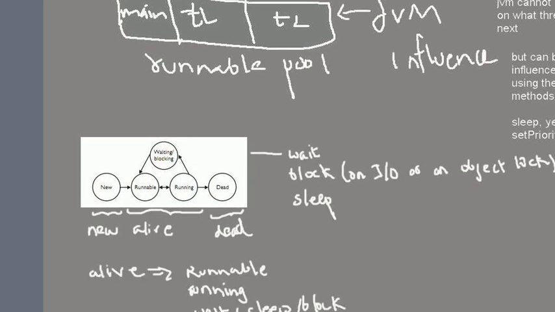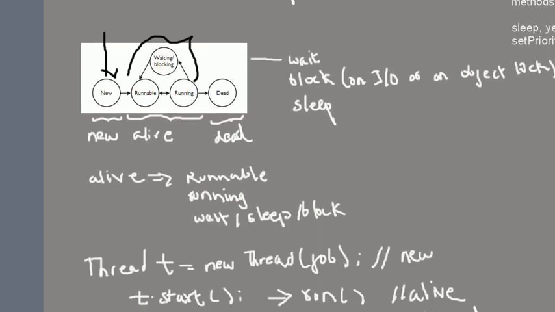So this is set to be the new state, this is set to be the live state, and this is set to be the dead state. A live state could be one in which the thread is in the runnable state, running state, or wait, sleep, or blocked state. It might be blocked on IO or an object lock.